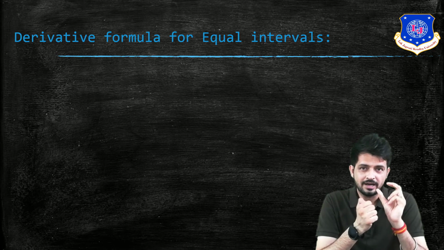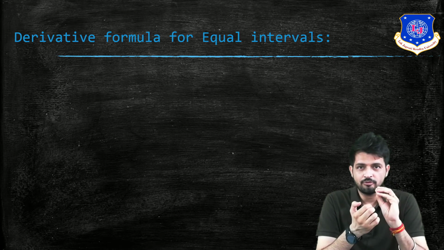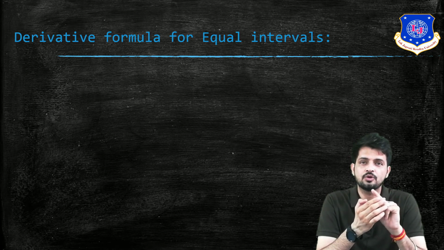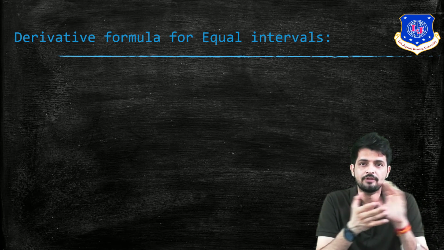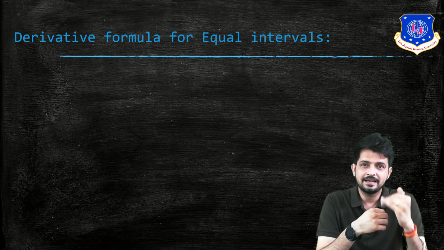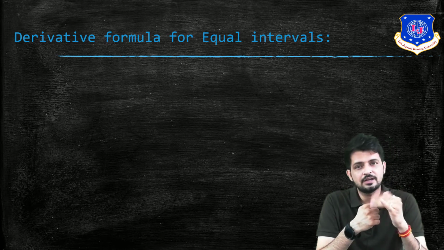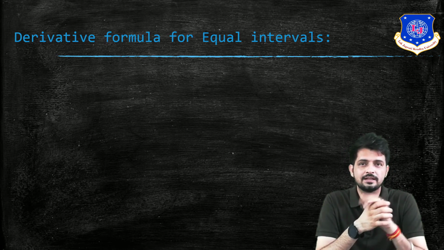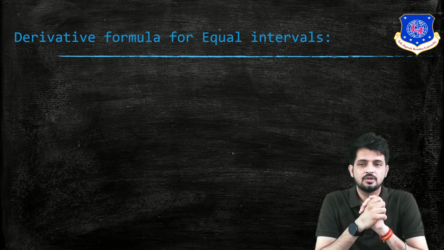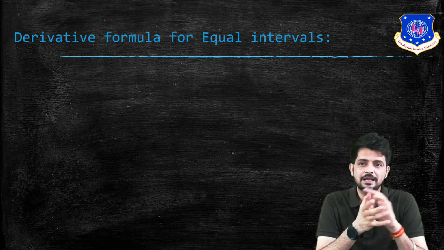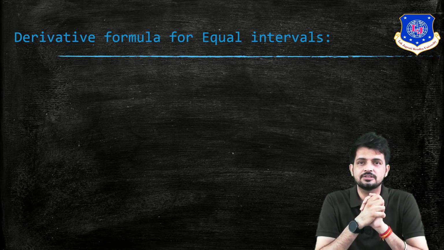For unequal intervals, remember, we have to use the formula for the interpolating polynomial. First find f of x, then take the derivative, then again take the derivative if required, then place the value of x in that polynomial. But for equal intervals we have to derive the numerical differentiation formula.